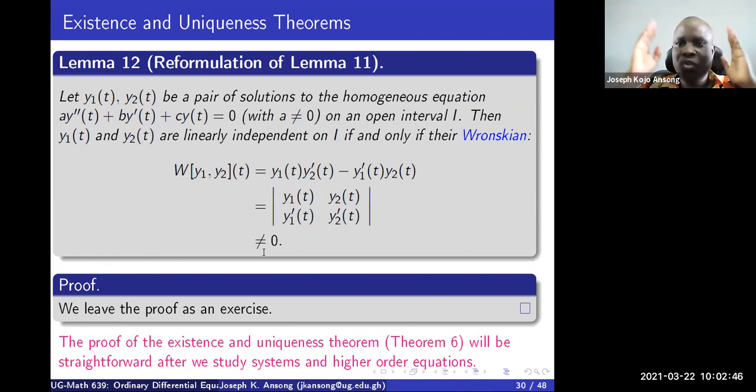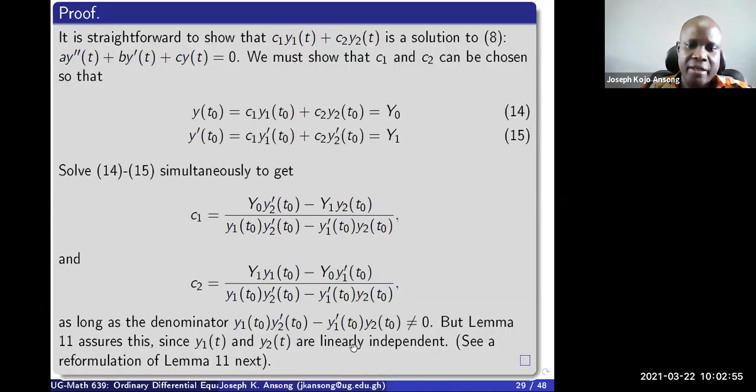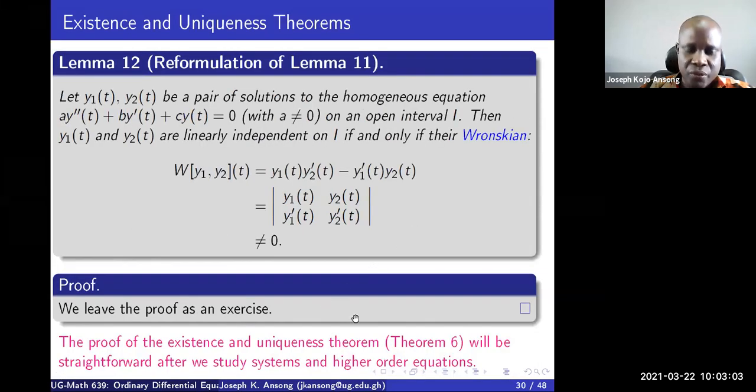On the other hand, if the two solutions are linearly independent, then the Wronskian never goes to 0. That is the one we applied finally here. Because y1 and y2 are linearly independent, this denominator never goes to 0, and so we are sure of getting C1 and C2. I leave the proof as an exercise as written here.